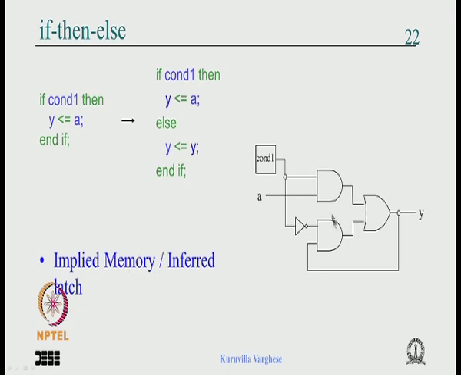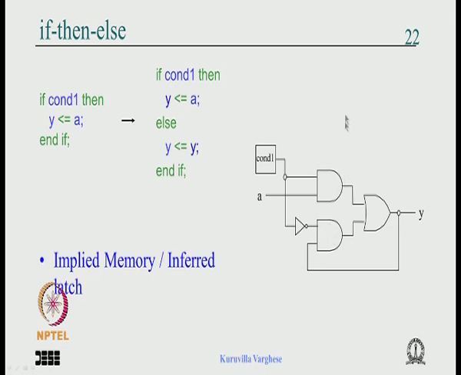So the situation is like this: if y and a are single bits and there is a condition, maybe p greater than q or whatever, that is the decode of p greater than q. When that is 1, a goes to y, and if that condition is not met, then this path is enabled and y is fed back and it is latched. And this is nothing but a 2-to-1 mux.